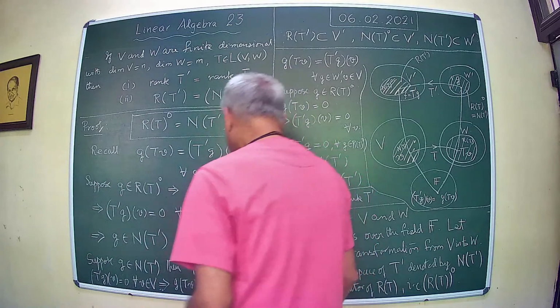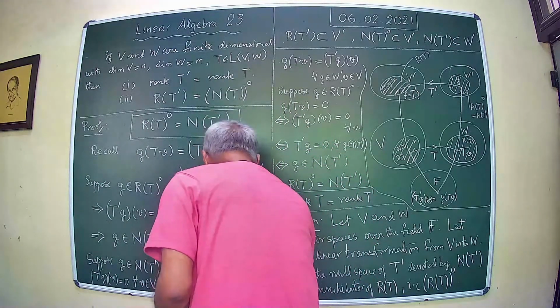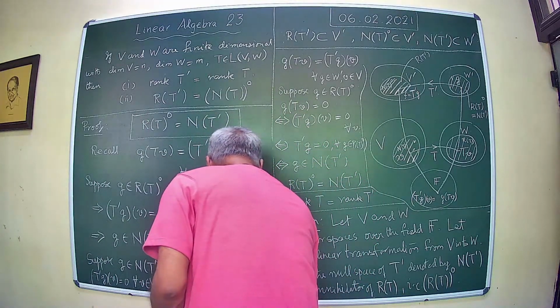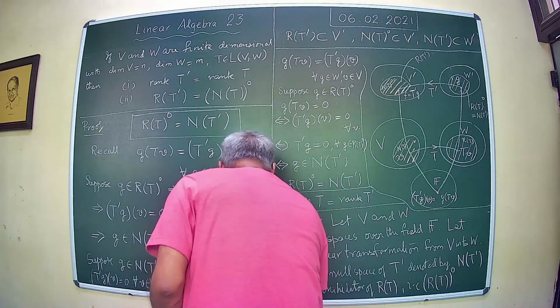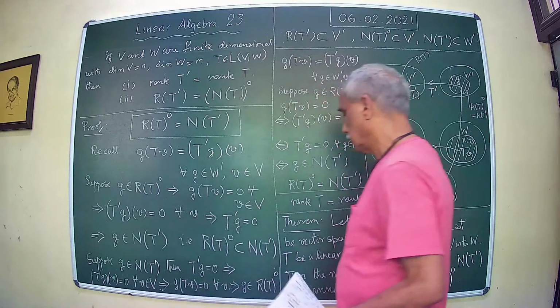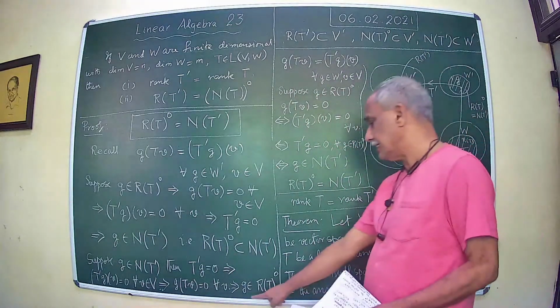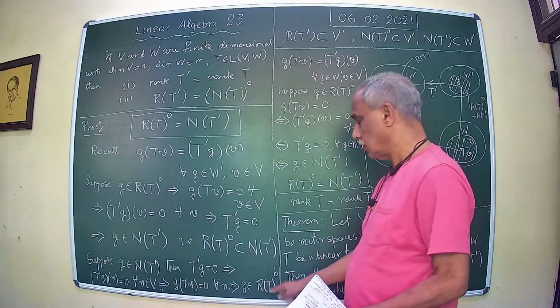What does it mean? This implies g belongs to R(T) naught. That is, g is an annihilator of R(T).